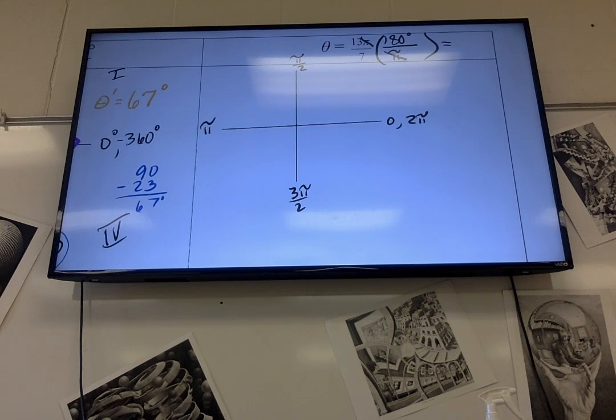times 180 divided by 7, which is like 334.286 degrees.